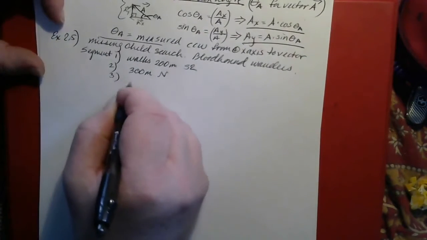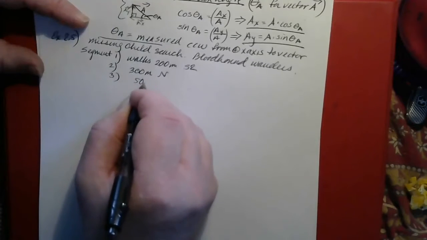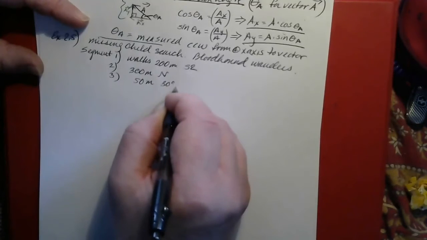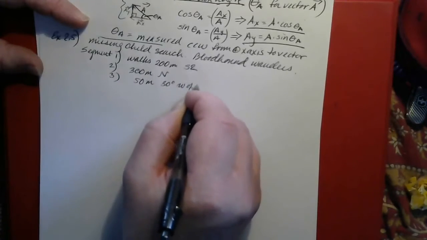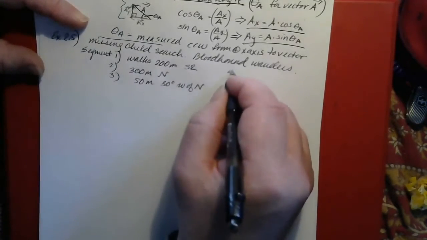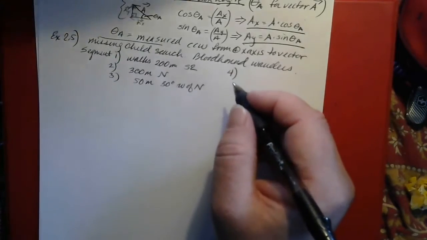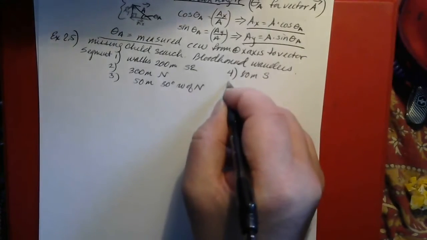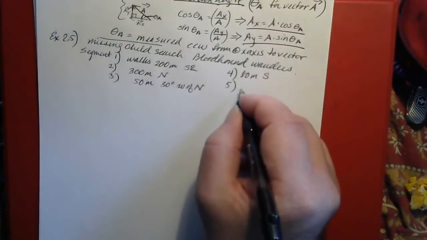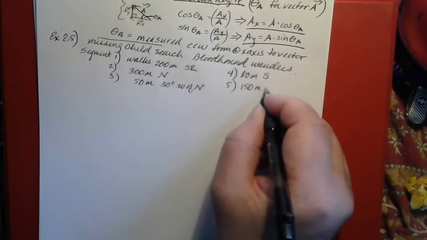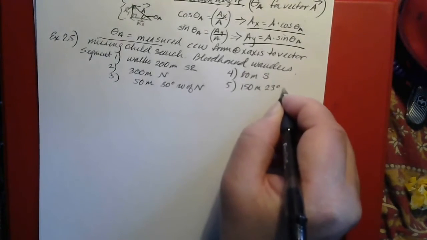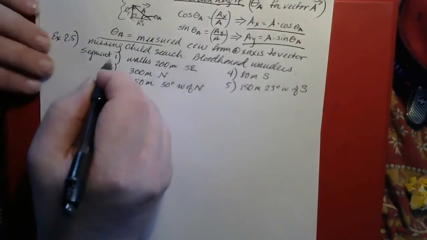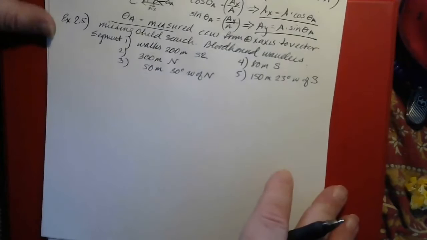Segment 3 would be 50 meters 30 degrees west of north. Segment 4 is 80 meters south, and segment 5 is 150 meters 23 degrees west of south. Okay, so those are the 5 segments of the movement.